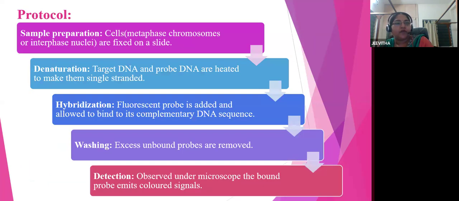The protocol for FISH sample prep. Cells, that is, the chromosomes in the metaphase stage or interphase nuclei, are fixed on a slide. Next is denaturation, where the target DNA and the probe DNA are mixed together and heated to make them single-stranded, so that the probe DNA can attach, which is the process of hybridization.